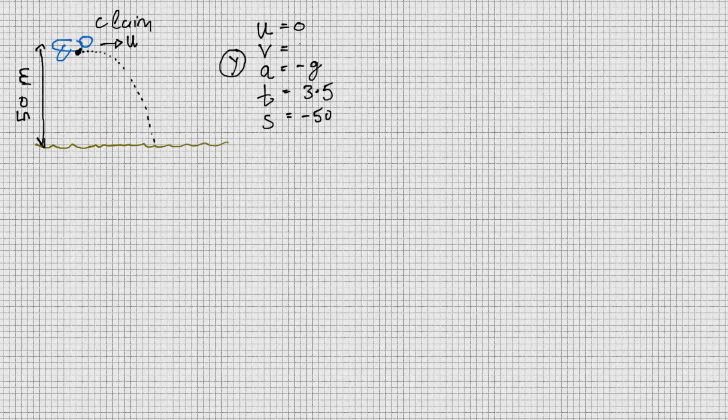So which equation does not have v in it? So we have v equals u plus at, v squared equals u squared plus 2as. So it's going to be the last one, s equals ut plus a half at squared. So that means minus 50, dropped 50, is 0, and then minus a half a, which is g, and then t squared.